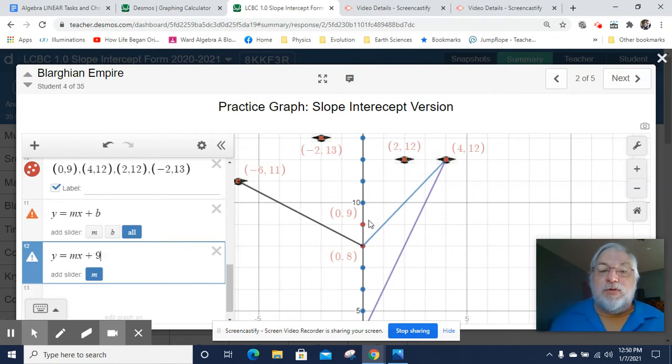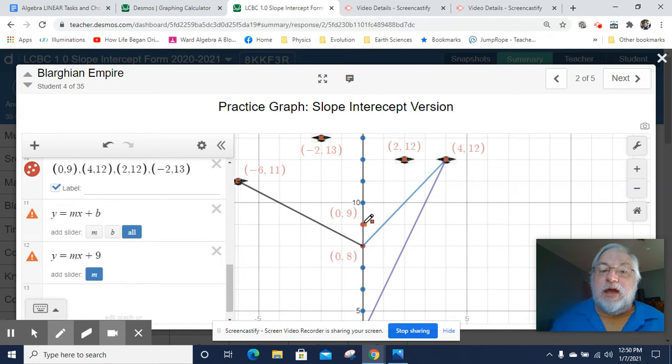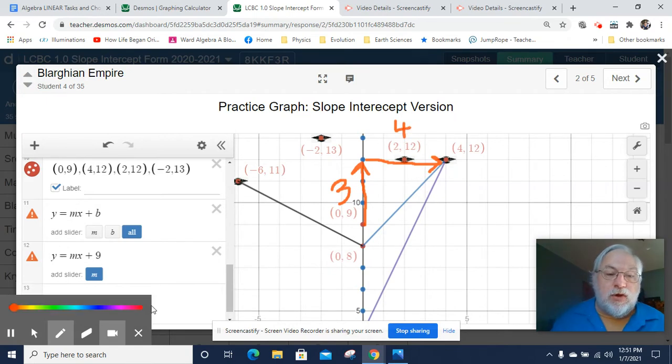Let's find the slope between some points. From 0, 9 to 4, 12, I'm going to have a rise from 9 up to 12, that's a rise of 3. And then the run, going in the same direction, from 0 to 4 is 4. So my slope for that one is 3/4.